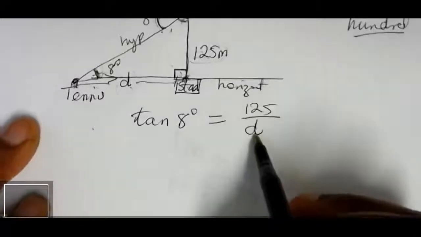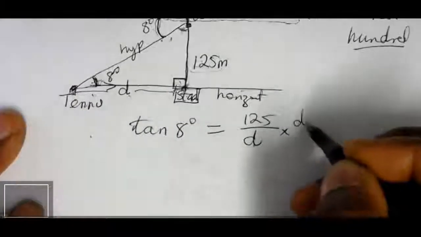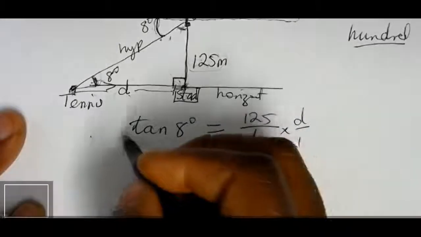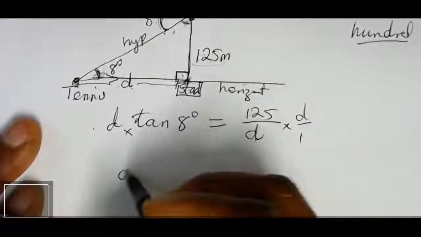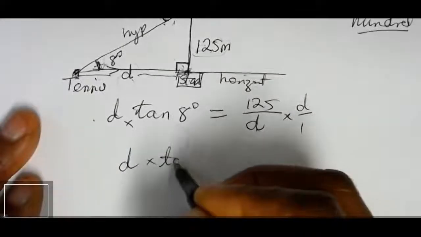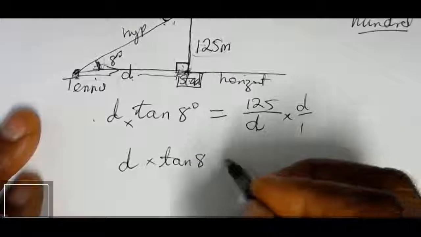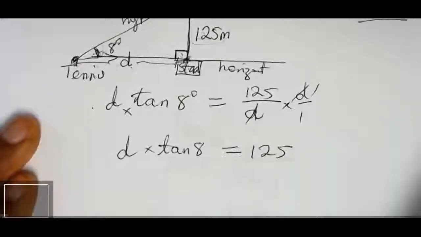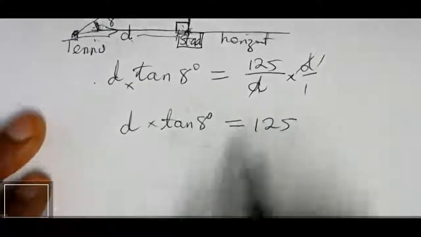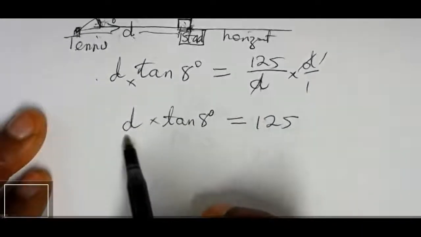We're solving for D, so first we multiply both sides by D to get it out of the denominator. So D times tan 8 is equal to 125. Next, what do we do to get D by itself?